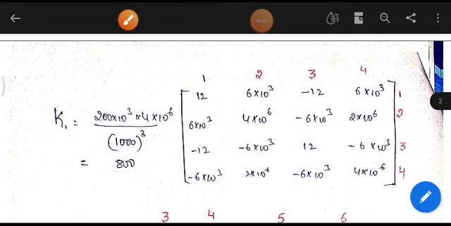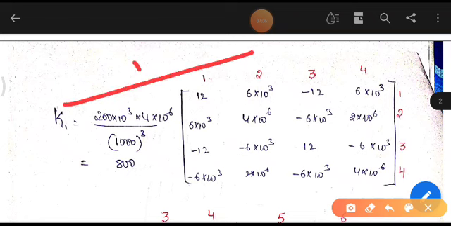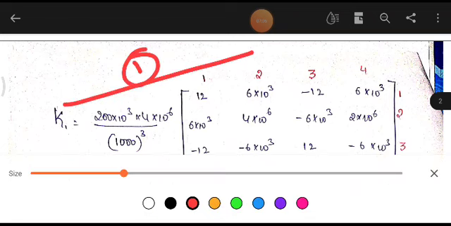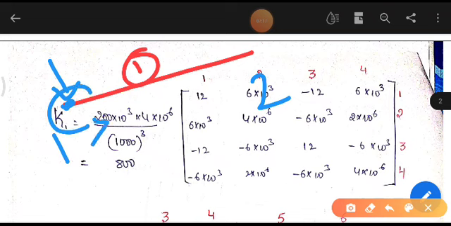Once you calculate here, we have written 1 2 3 4 because, as we know, this is the first element of the beam. Here we have node 1 and 2, and each node has vertical deflection and angular deflection.